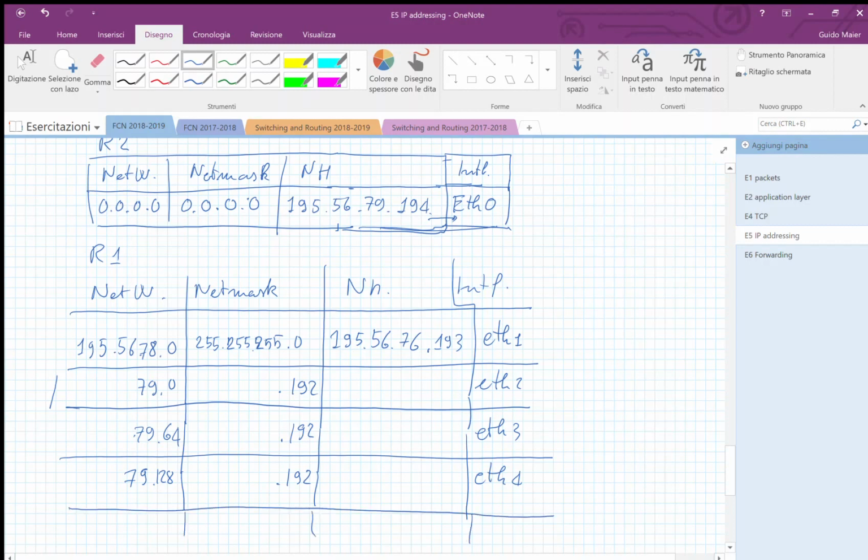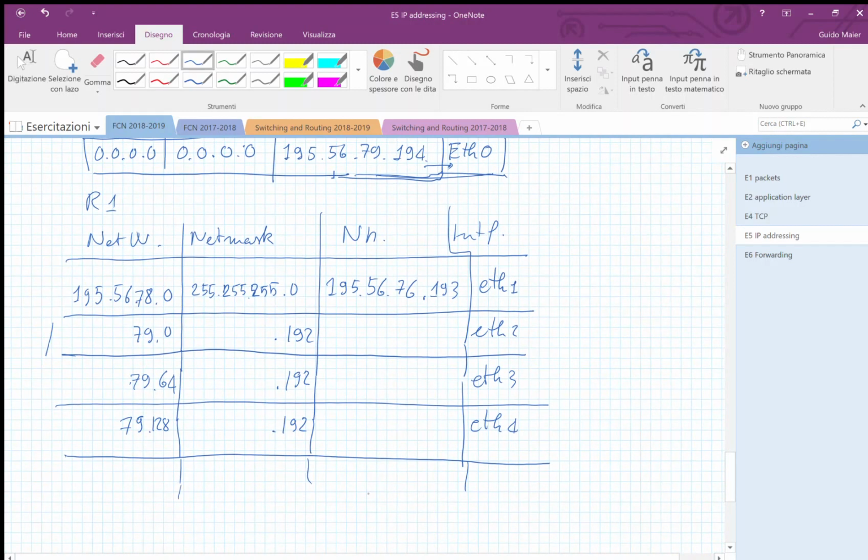Finally, also in this case, we have to add the default, and in this case, this router, each time it receives something that is not going to any of the subnets, it means that it has to go outside the network, and therefore it is sent to the next hop, to the address that was 190.